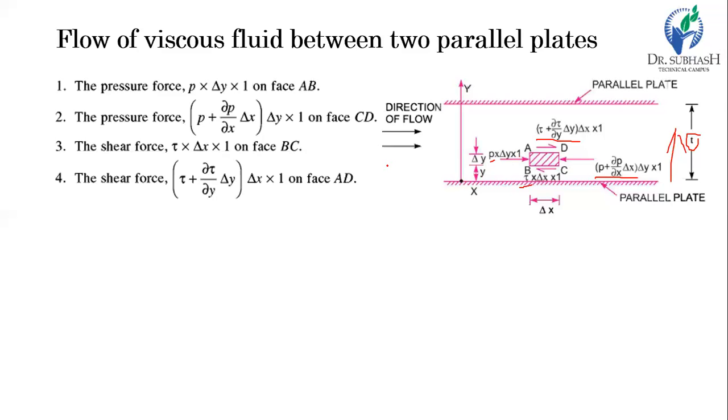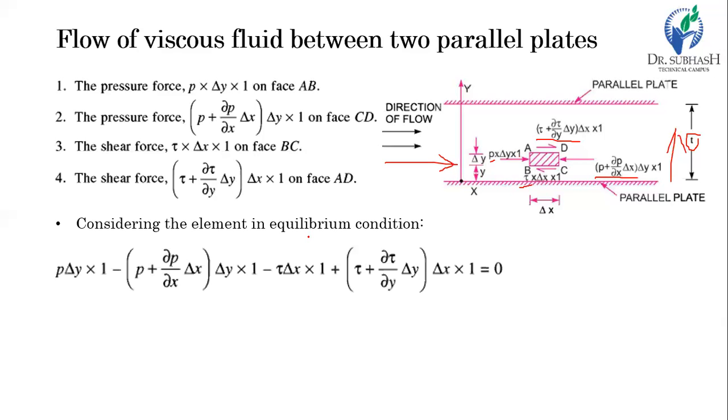Then, another consideration: left to right will be positive for horizontal forces, and upward will be positive for vertical forces. After considering the equilibrium condition, we get an equation like this: P delta y into 1, which is from left to right, so it is positive, and on the opposite side it is in the opposite direction, so it has a negative sign here.